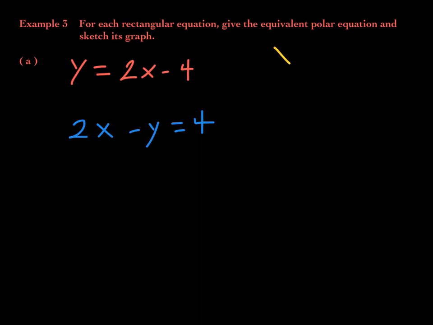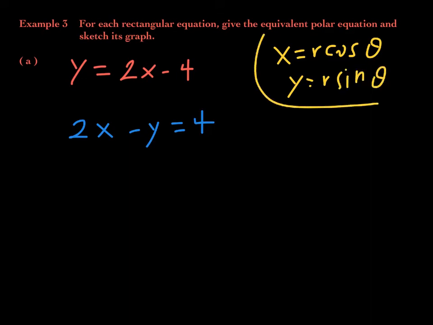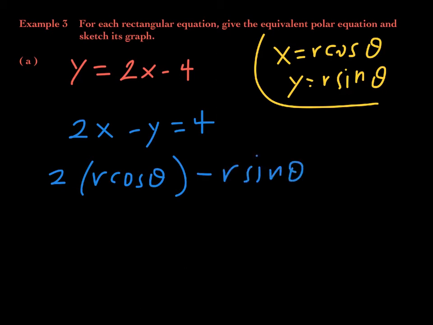Remember that x is equal to r cos theta, right? And then y is equal to r sine theta. I'm going to make that substitution right now in my equation. So then this will be 2 times r cos theta minus r sine theta equal to 4. All right, so no more x's and y's, but now r and theta are in the equation.